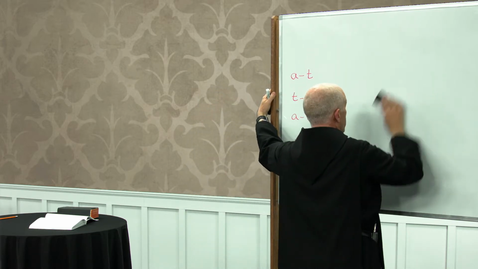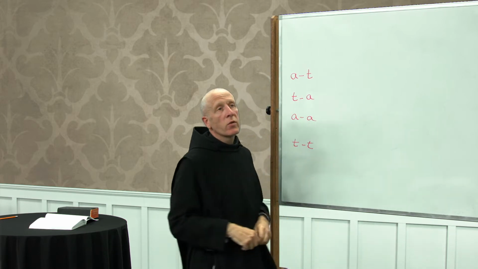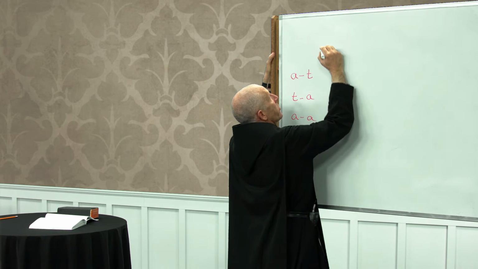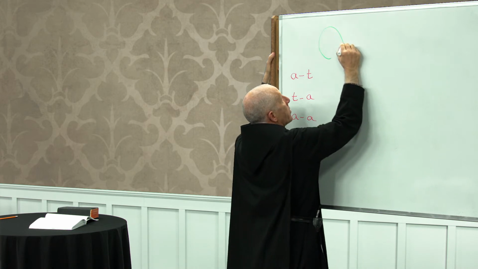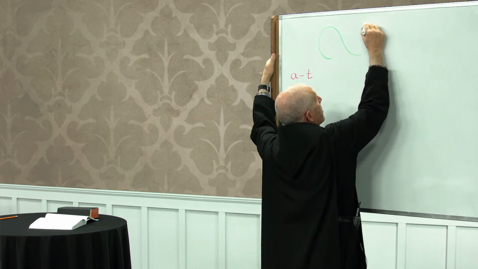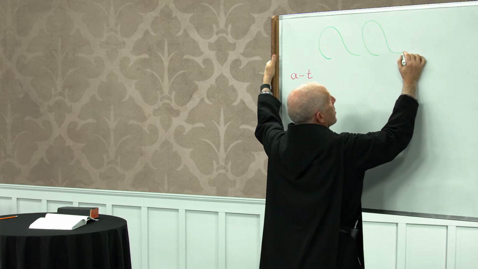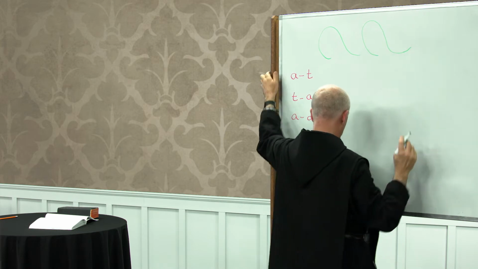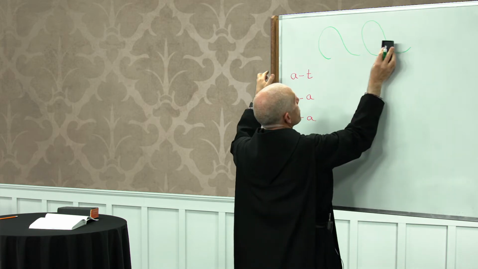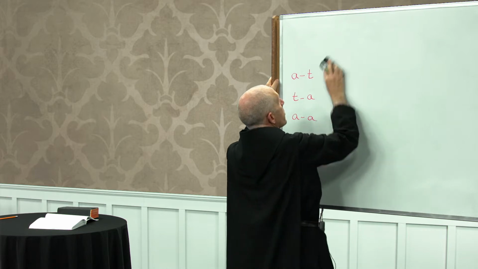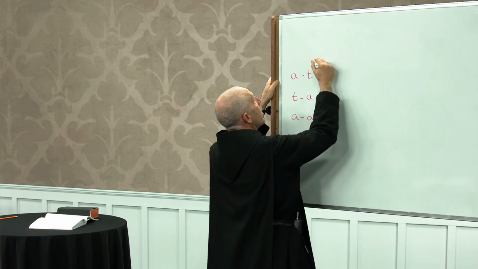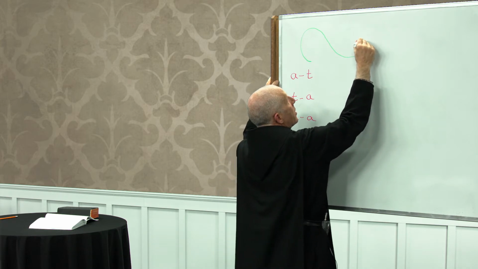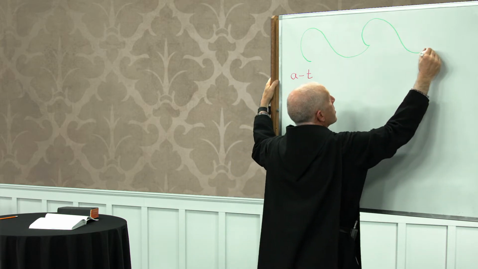That is, when you have two composite rhythms, just two units of composite rhythm, arsis, thesis, arsis, thesis, to link them up, you simply go arsis, thesis, arsis, thesis.